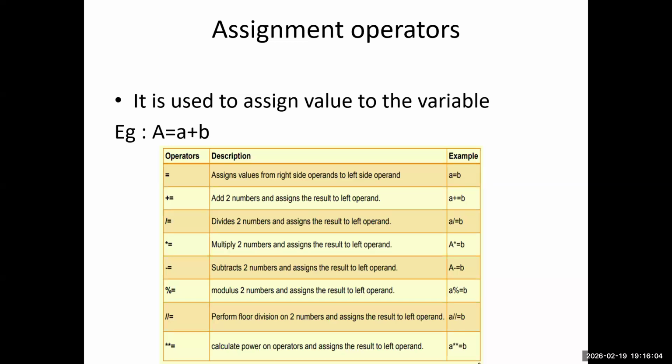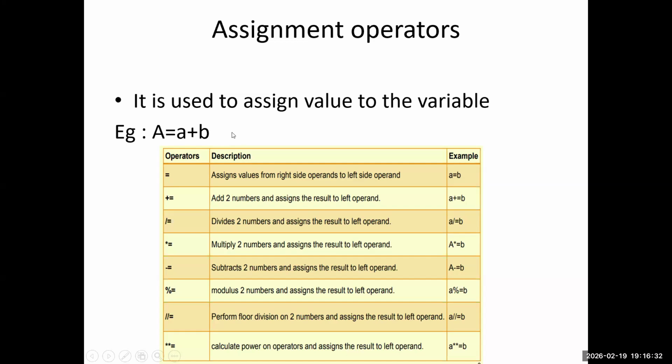Next point, a variable can be assigned into a variable. A equal to B, where B equal to some other value, for example B equal to 5. Then A equal to A plus B. I have given only one example here.